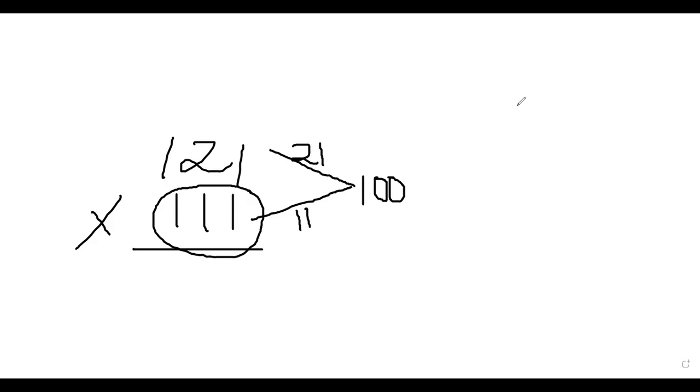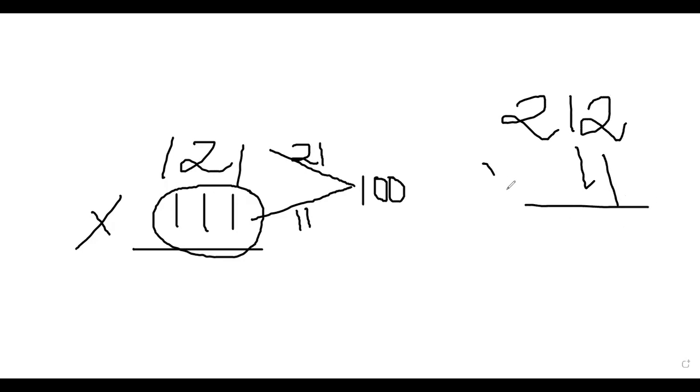If we are going to multiply any number, let's say 212 by 11, it's very simple, right? If you see any number and you are going to multiply that by 11, you are lucky. Why? Because it's very simple, right? So we write the last digit as it is, 2. And then we have to add this and this together. So 2 plus 1, it will be 3. Likewise, 2 plus 1, it will be 3.